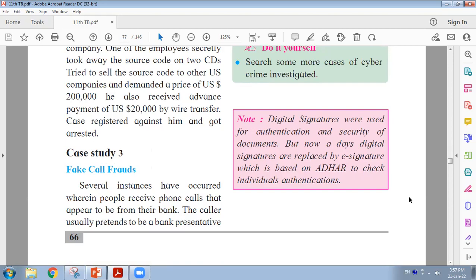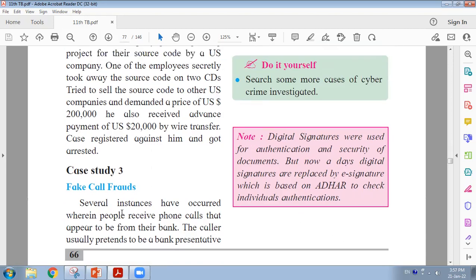In that case, which steps will you take to help your friend or colleague? You have to discuss it with your other friends and then provide a detailed report to me in our class. Okay, then today we will stop here.